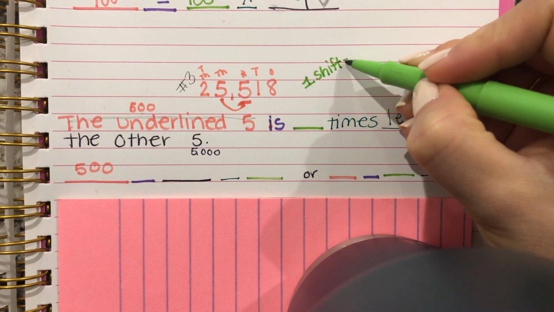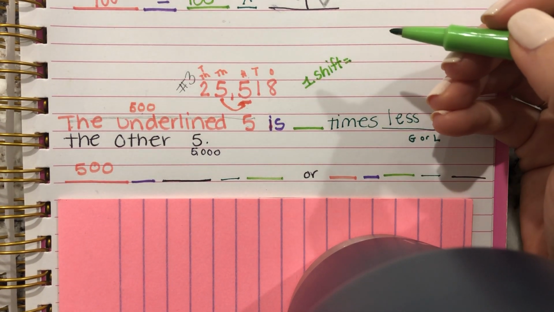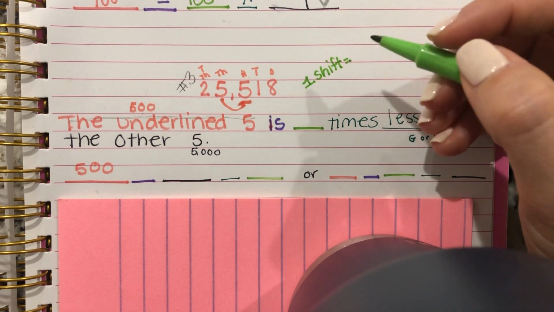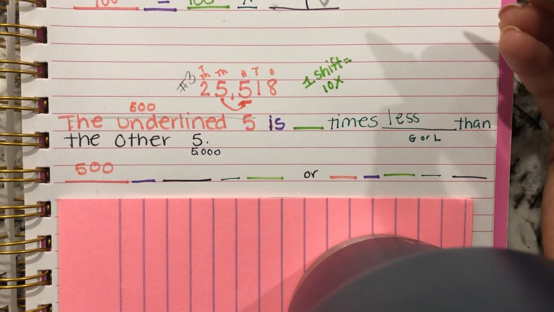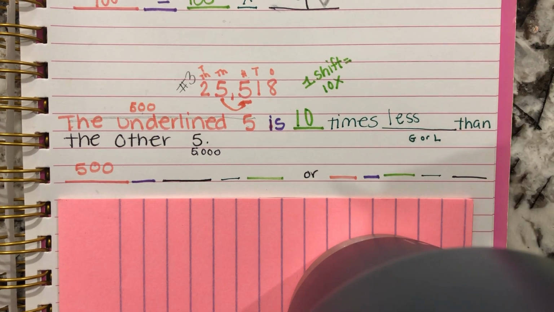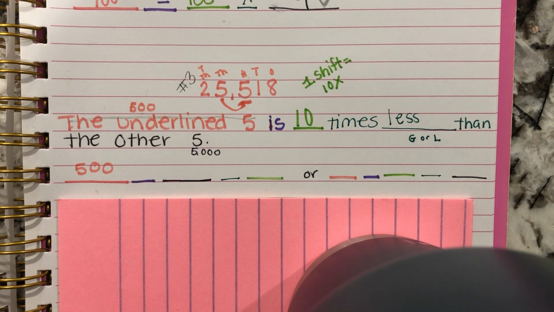So if they're one shift away, how many times is that? Let's think about it. How many times does 500 go in 5,000? 10 times. Good. So 500 is 10 times less than 5,000. All right. So 500 times 10 would give us 5,000.